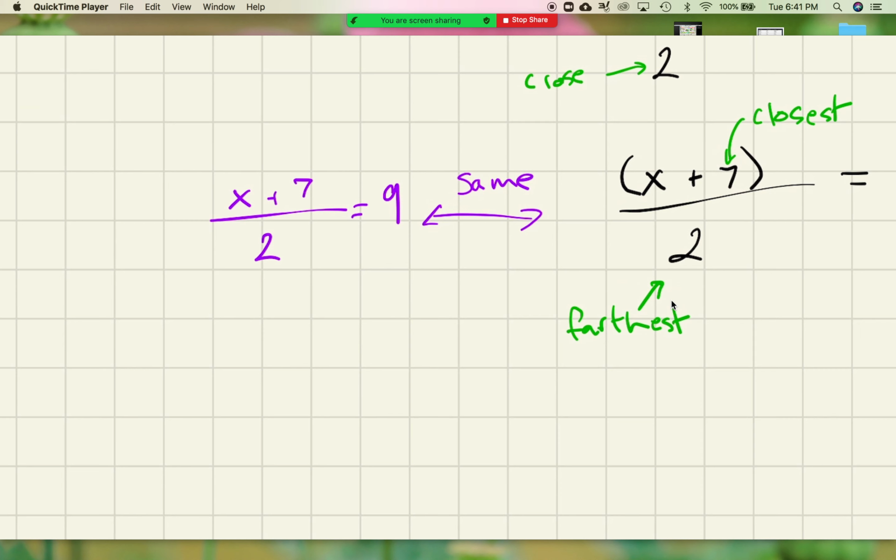The division bar kind of acts like parentheses anyway. So this is a more explicit way to write it, but even if there are no parentheses, like this, it means the same thing as that. Just something to be aware of: if the division bar expands all the way across the variable and the number, then it's the exact same thing as if parentheses are there.